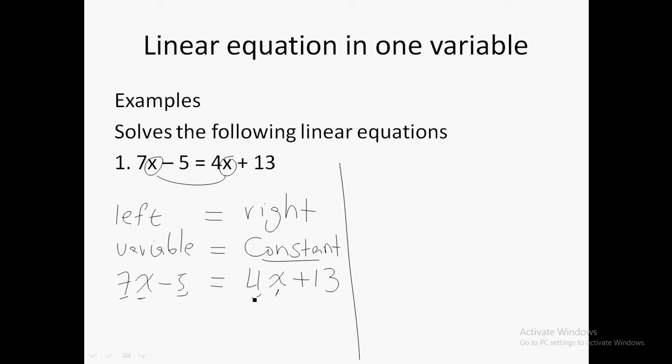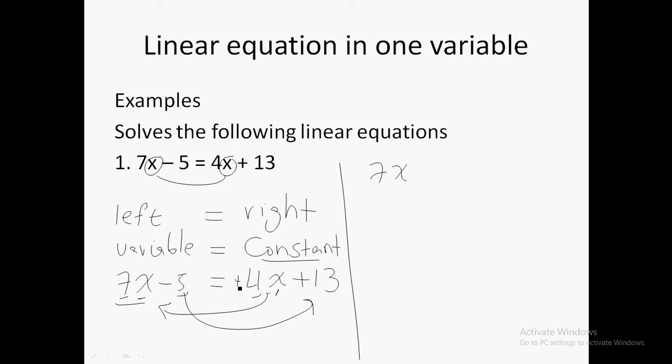So first we have to take this variable with coefficient to the left side, and then we have to take the constant to the right side, but this will remain 7x. So we have to take the 4x.